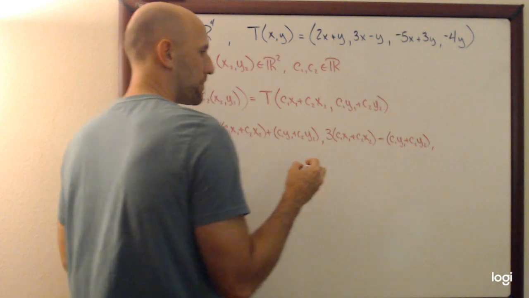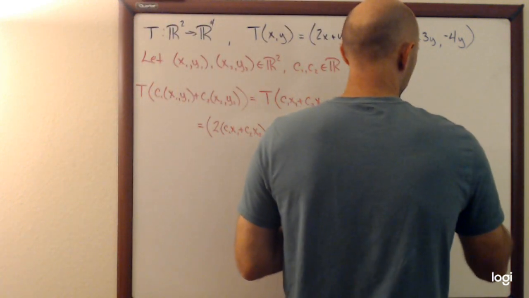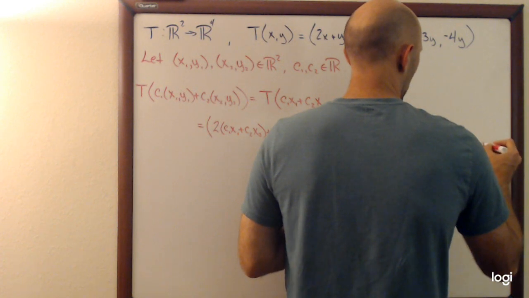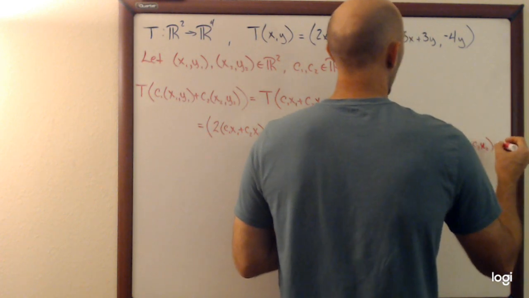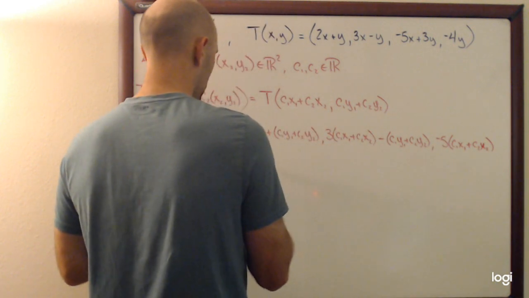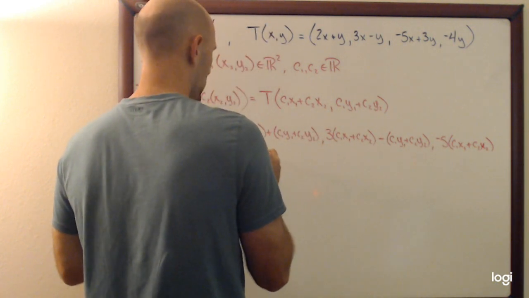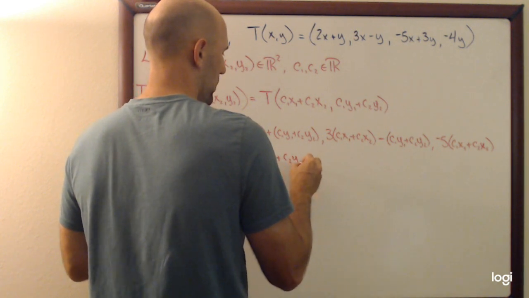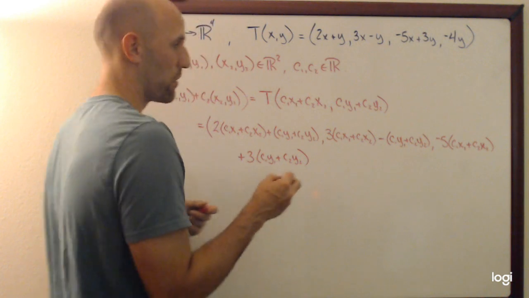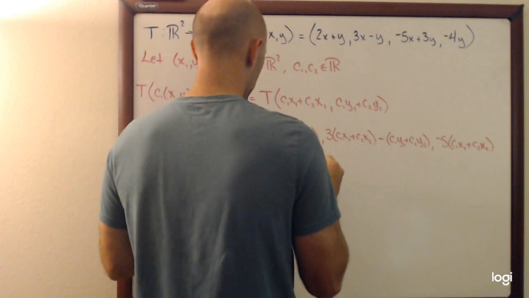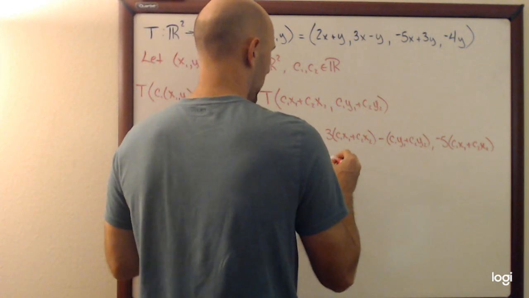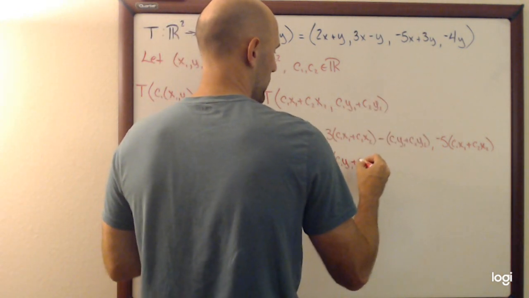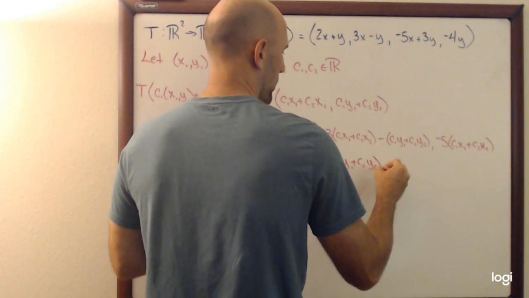Third component, negative 5 times c1x1 + c2x2 plus 3 times c1y1 + c2y2. Now you see why we want to shorten this and not write it all out multiple times. Then negative 4 times my second component, c1y1 + c2y2.